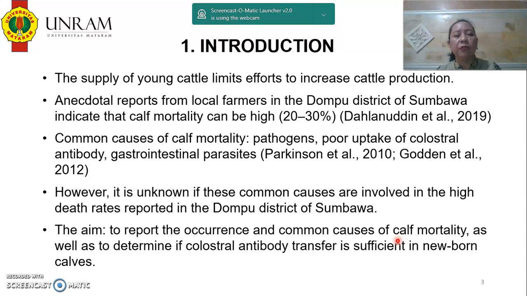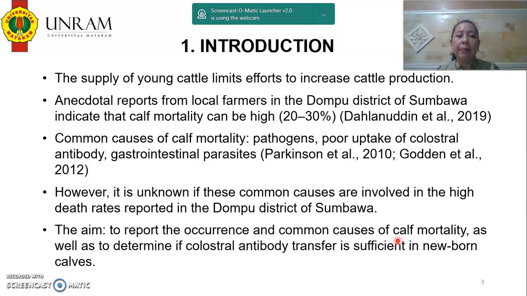Common causes of calf mortality have been reported as a result of pathogen infection, such as virus and bacteria, poor uptake of colostral antibody, and calves may suffer from gastrointestinal parasite infection, such as nematodes and coccidia. However, it is unknown if these common causes are involved in the high death rates reported in Dompu district of Sumbawa.